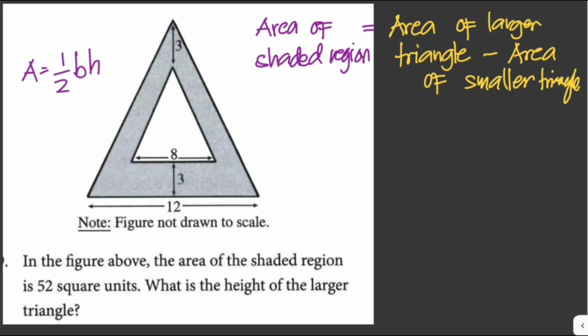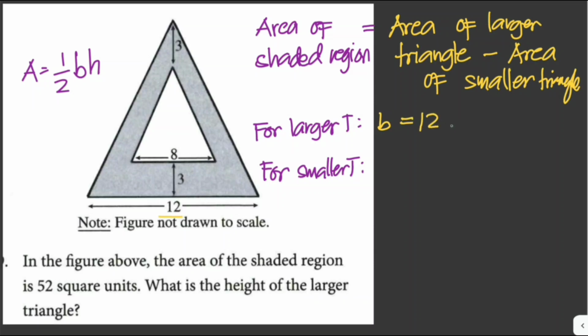To solve for the area of a triangle, we use the formula: area equals 1/2 times base times height. So let's check the bases and heights of the two triangles. For the larger triangle, our base is given, which is equal to 12. Our height is just the height of the smaller triangle plus this one plus this one.